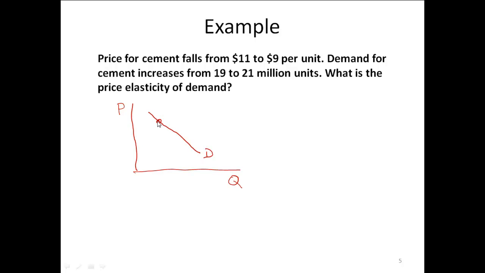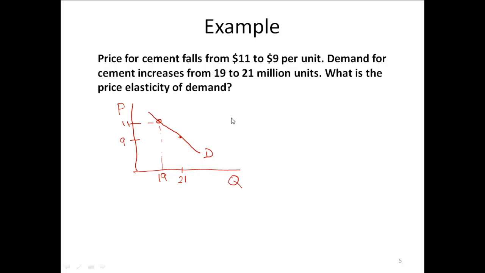As the problem statement indicates, initially we are at a price of $11 per unit, and at $11 per unit we have a quantity demanded of 19 million units. When the price falls to 9, what happens to the quantity? Obviously the quantity will go up, and in our example the quantity goes up to 21.